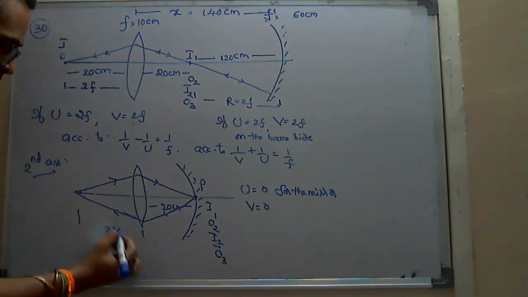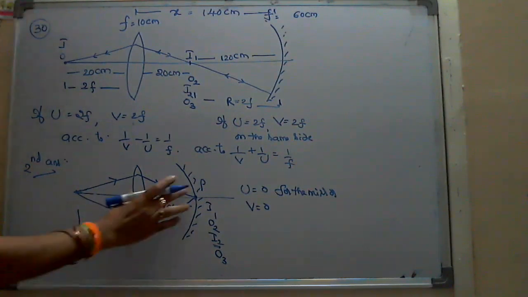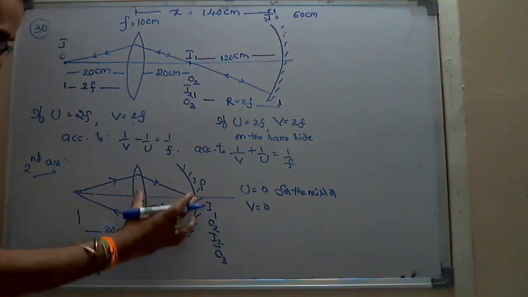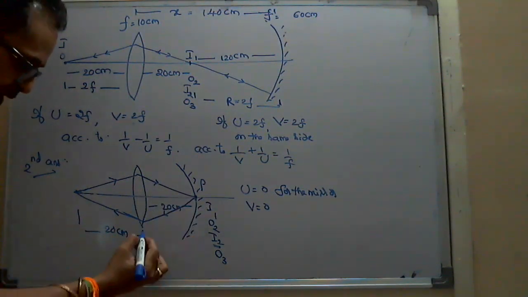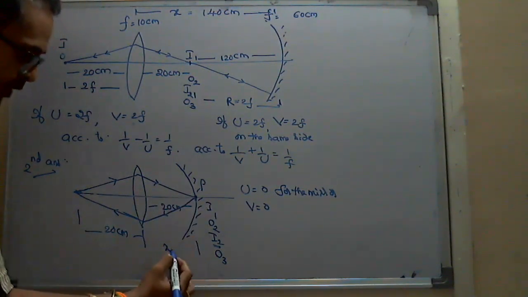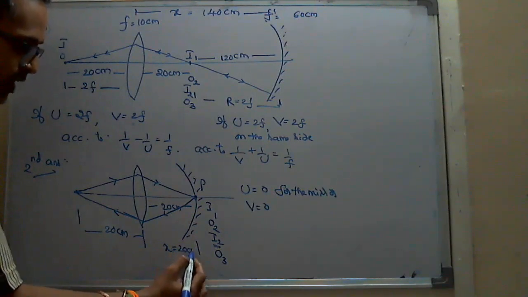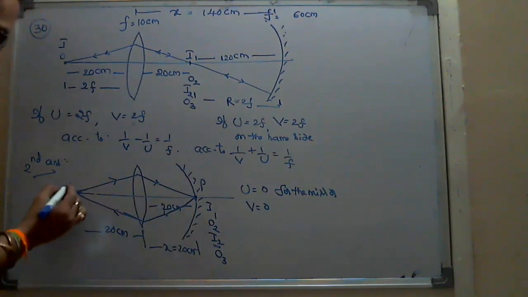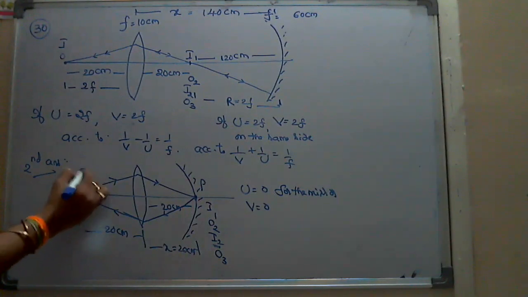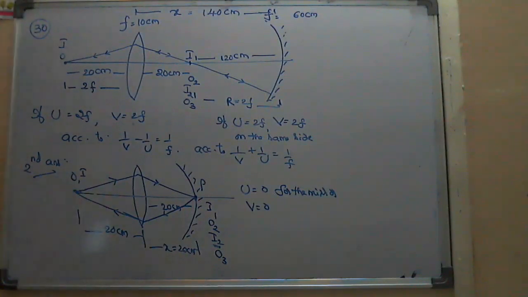Here the two elements are separated by a distance of 20 centimeters, given here as x. If x is equal to 20 centimeters, again the object and final image both coincide at the same point. So if it is given in IIT, put both options. One possibility is 20 centimeters, the other option is 140 centimeters.